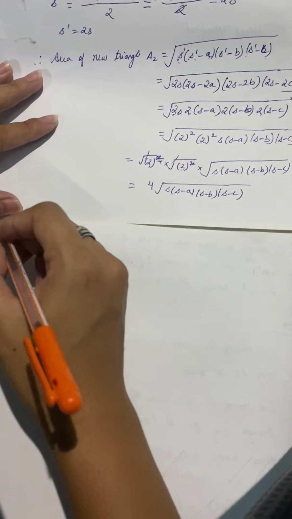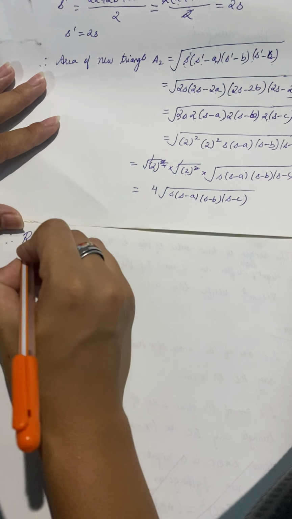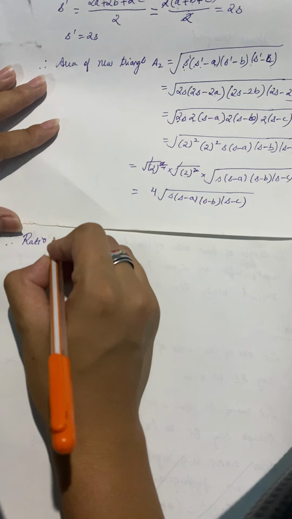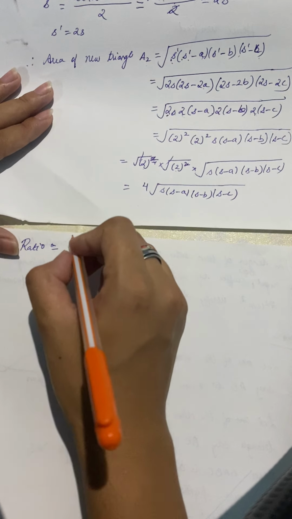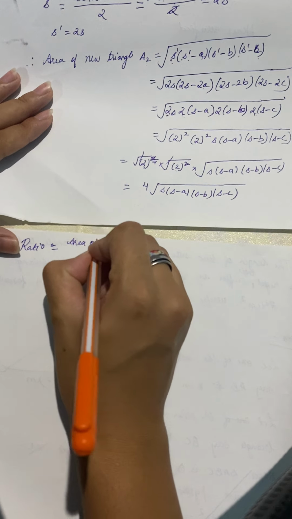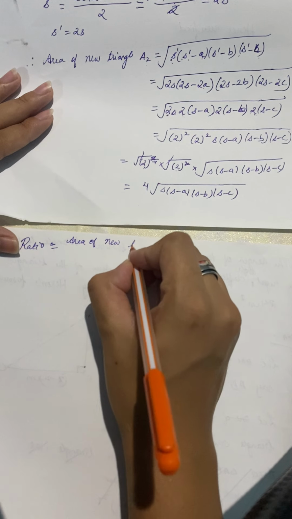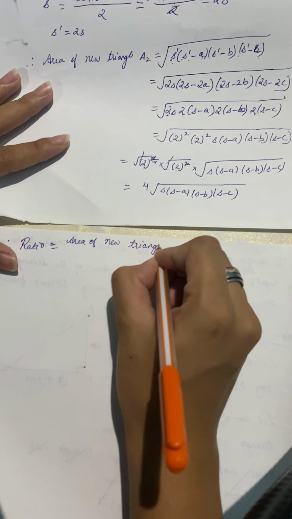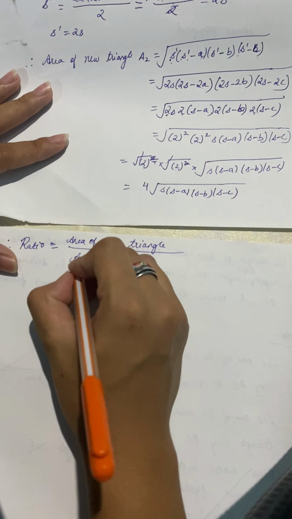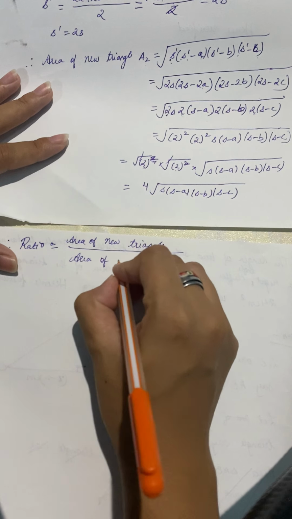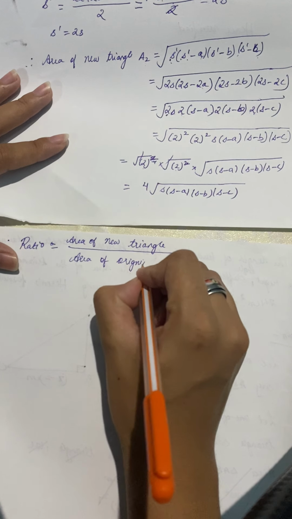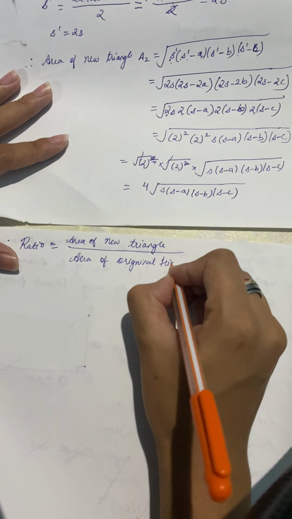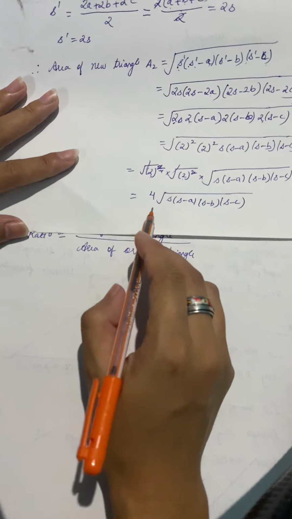Therefore the ratio is equivalent to what? Remember, what do we have to find? We have to find the area of the new triangle to the area of what? The original triangle. Now what did we find as the area of the new triangle?